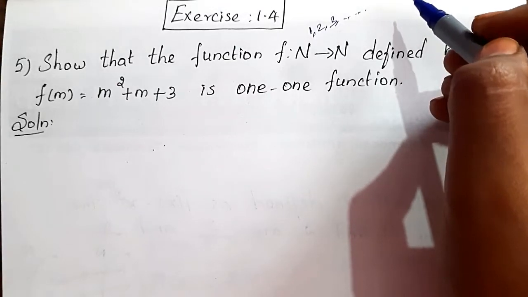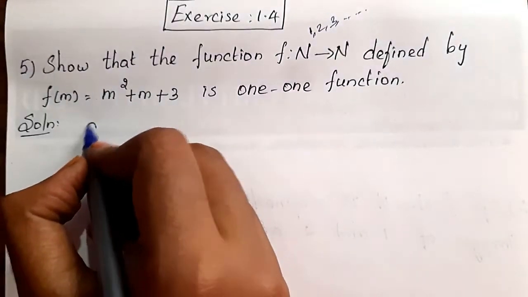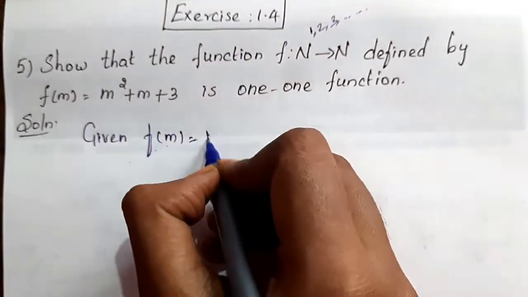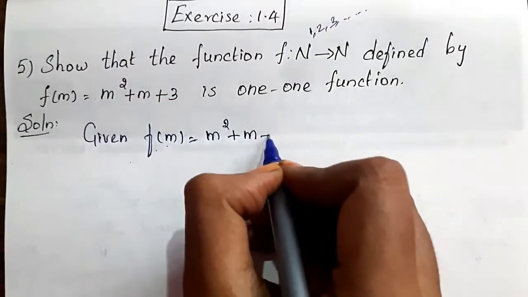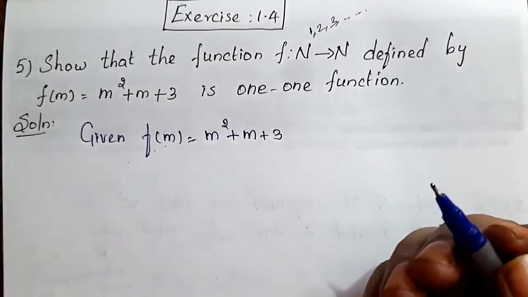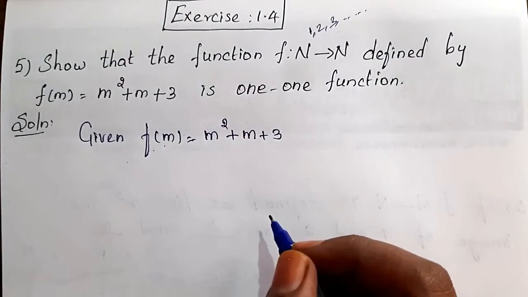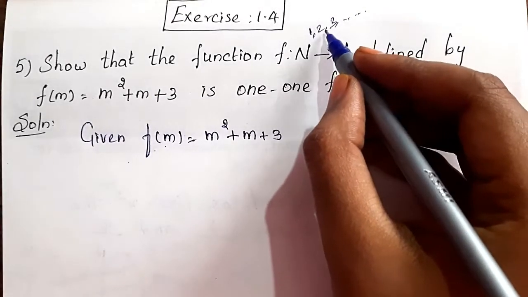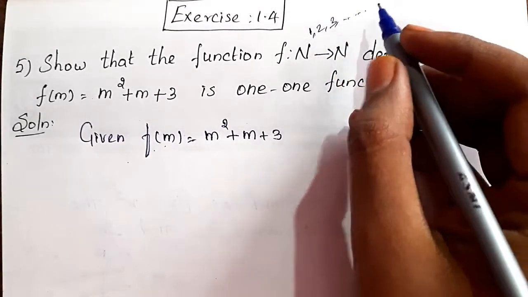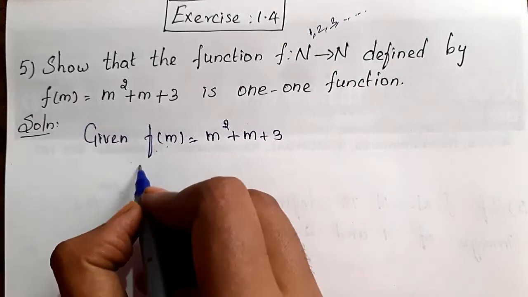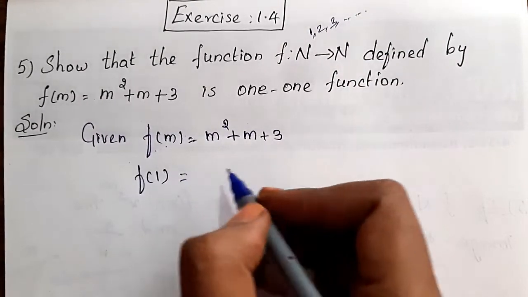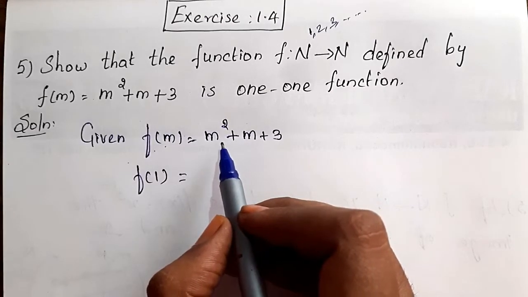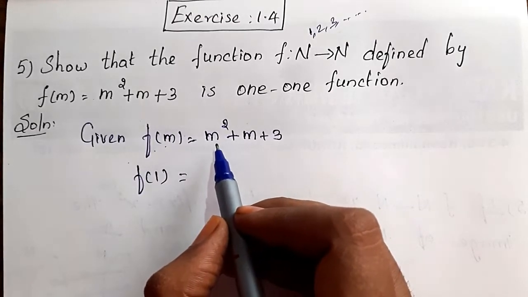There are infinitely many, so we can just find 5 values. First write the given function: f of m equal to m square plus m plus 3. Next, we can find the values one by one, applying 1, 2, 3, 4, up to 5. That's enough. So f of 1: little change, previous problem you had x, but here you have m.